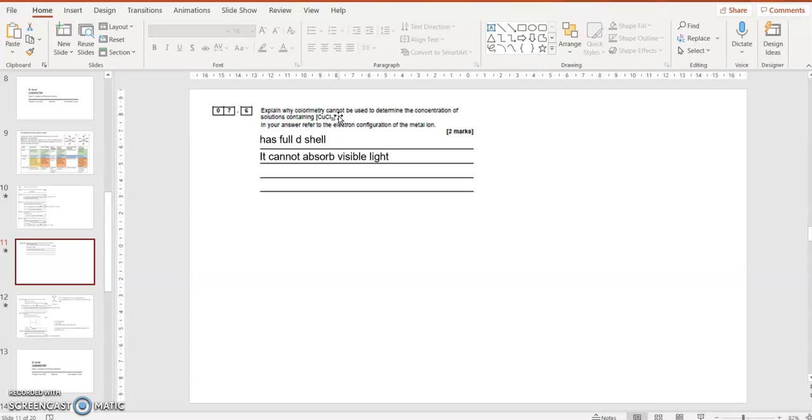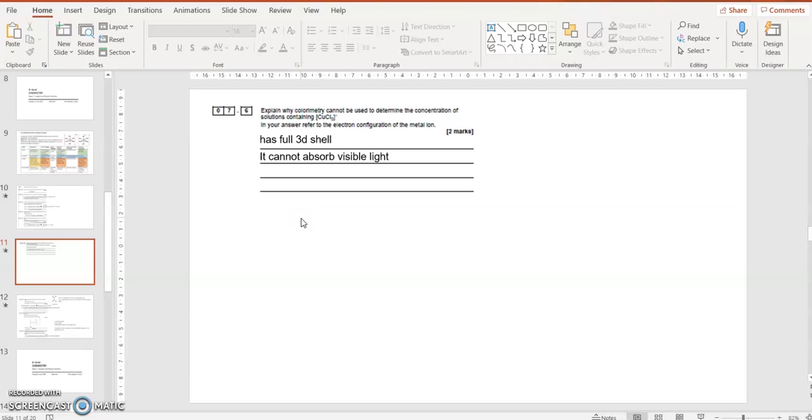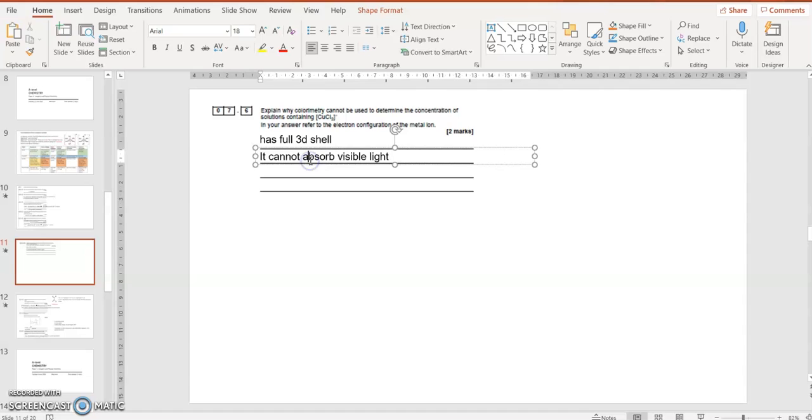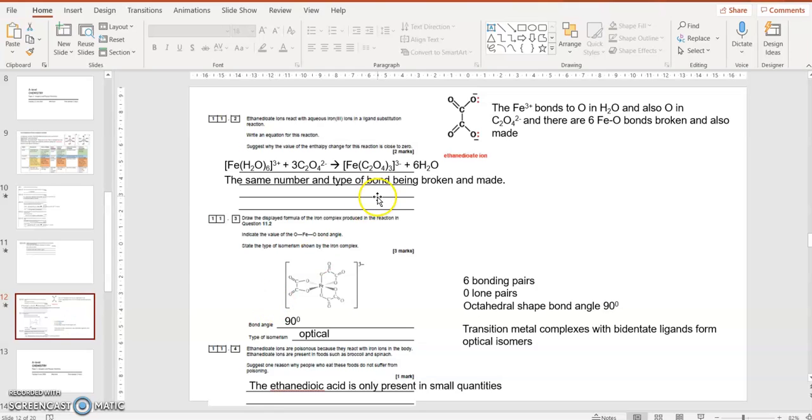There's 2 minuses there, 1 minus left over. 1 plus -2 leaves -1. That copper's in 1 plus oxidation state, and it must have a full 3D shell. It's not got a partially full 3D shell, so it cannot absorb visible light. It's copper in a 1 plus oxidation state.